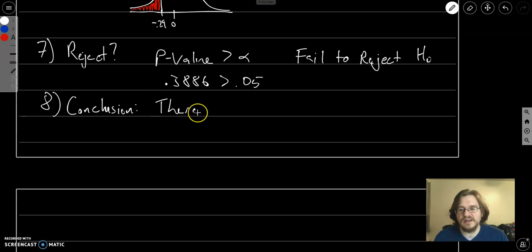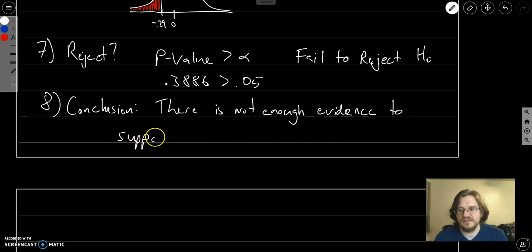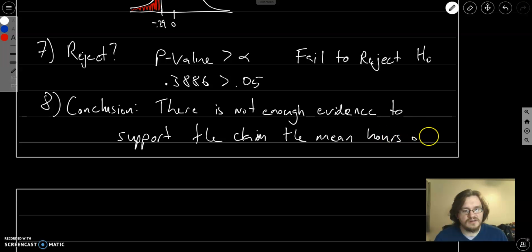So our conclusion would be that there is not enough evidence to support the claim that the mean hours of sleep is less than 7.